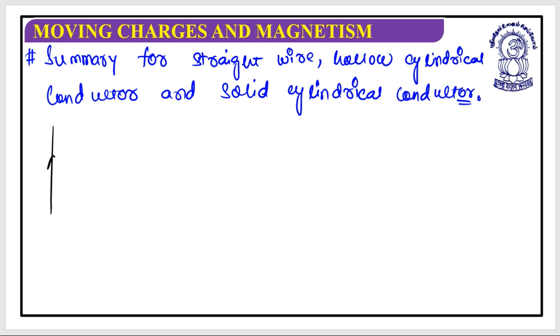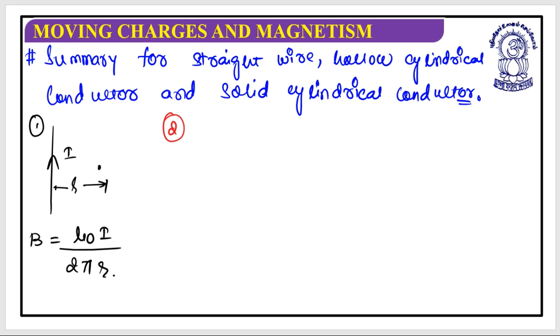First, a straight wire. At a point at distance r, with current I, the magnetic field is B equals mu naught I by 2 pi r. This was first. Now second, the hollow cylindrical conductor, and this is its axis.